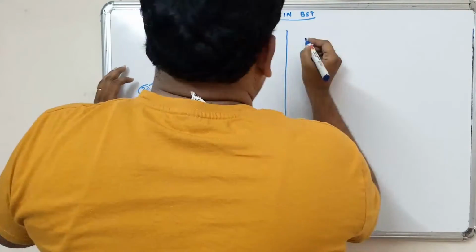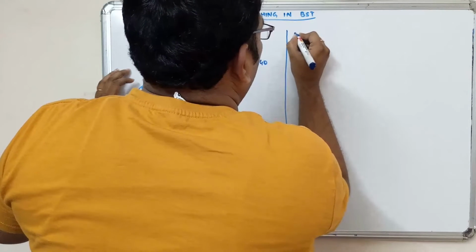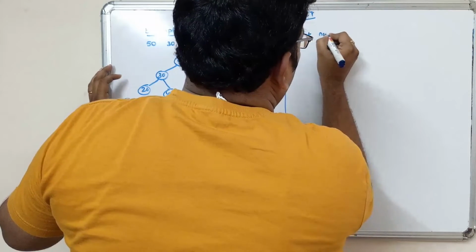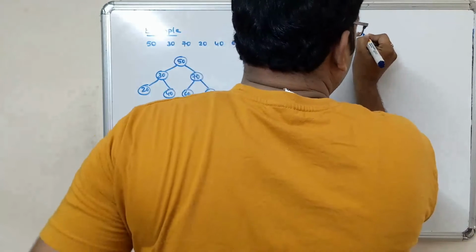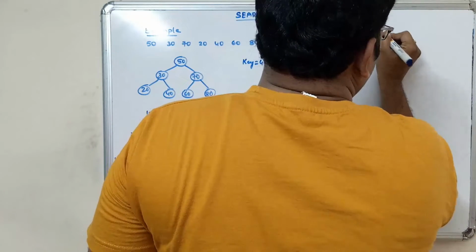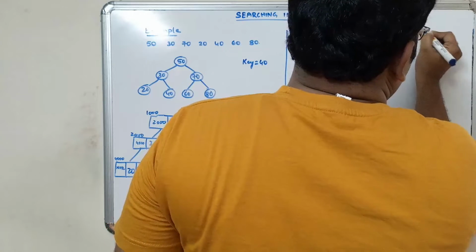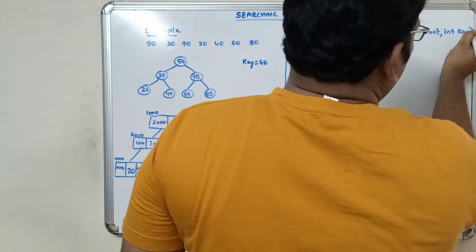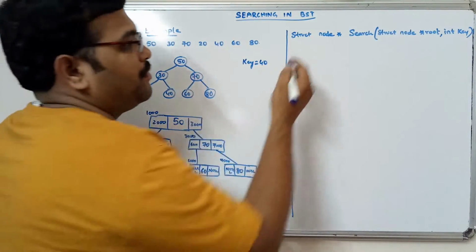So just, node start search. Here we are taking two parameters: one is root and another one is key.